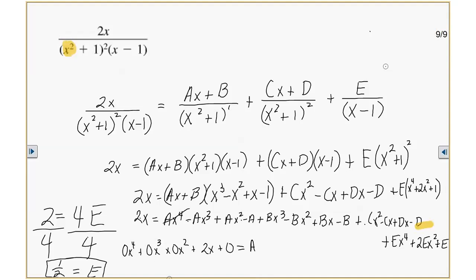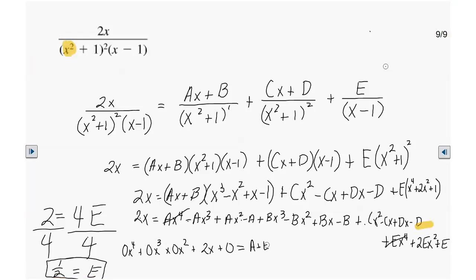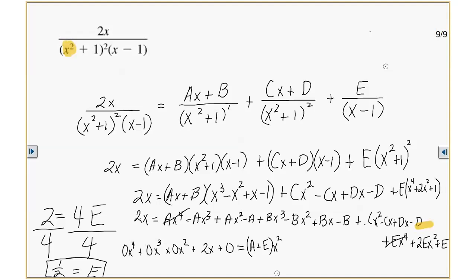That's my fourth terms. a plus e x squared. My third terms, I've got that, no more third terms.